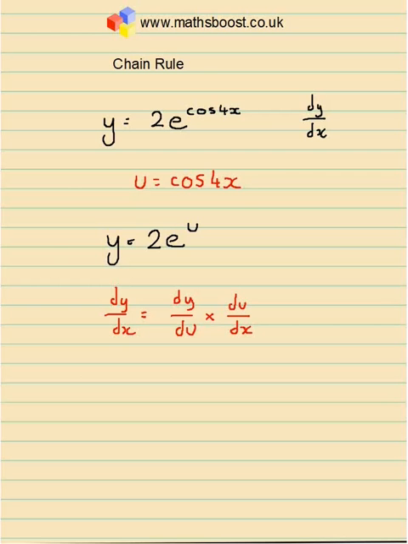So here we've got our u, so du by dx would give us minus 4 sine 4x, and dy by du would just be 2e to the u. And of course, even this depends upon you being fairly confident with differentiation. So now I can put it all together.